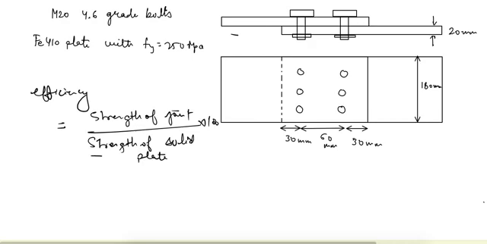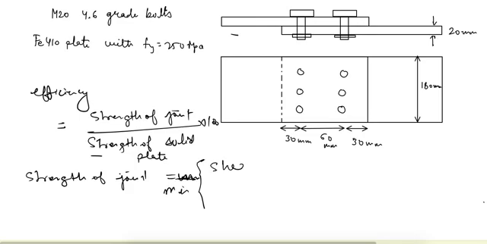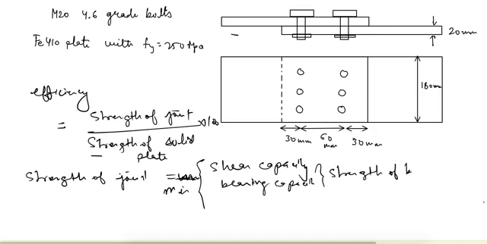The strength of solid plate is governed by the yield strength of the plate, whereas the strength of the joint is the minimum of three things: shear capacity of bolts, bearing capacity of bolts, or these two terms we can say is the strength of bolts, and the other thing is strength of plate at critical section.